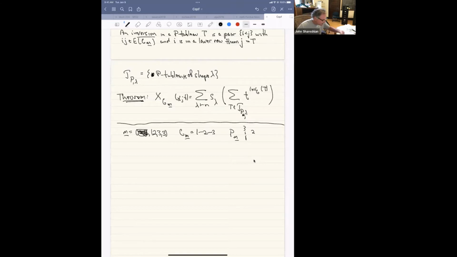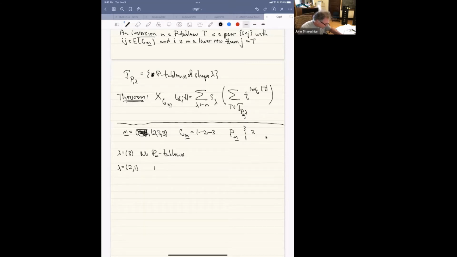First, for lambda equals 3, there's no p-tableau here, because it would mean I'd have a chain of length 3 in the first row, and there is no chain of length 3.